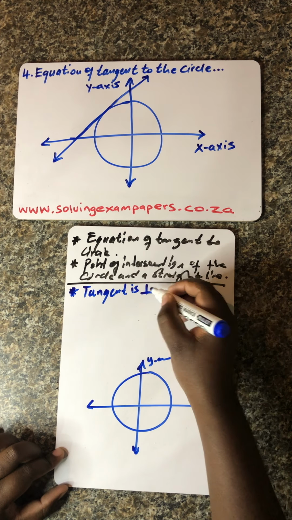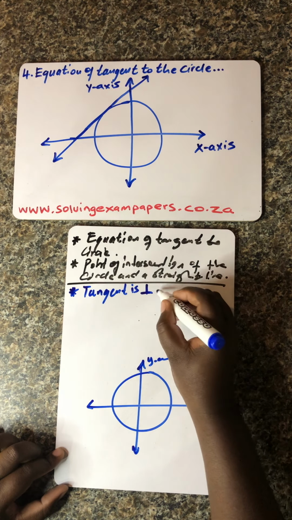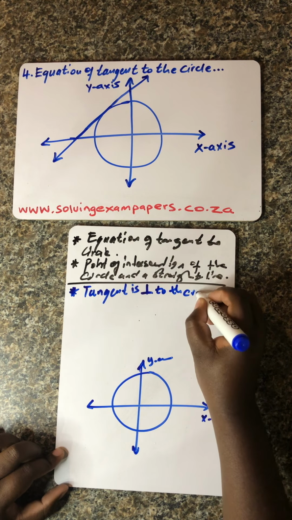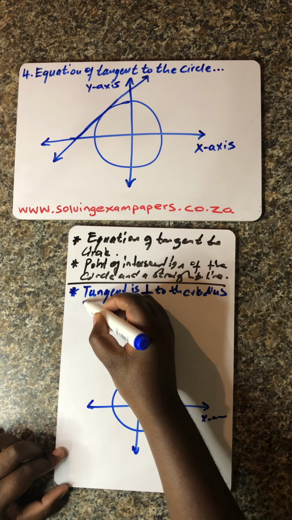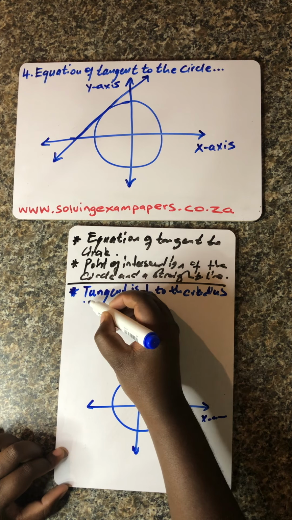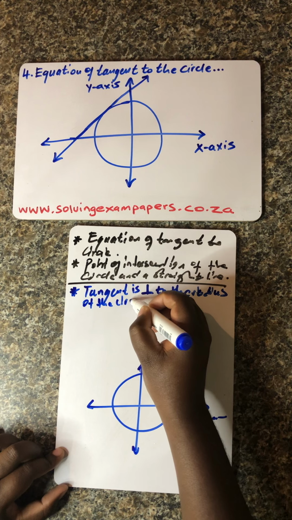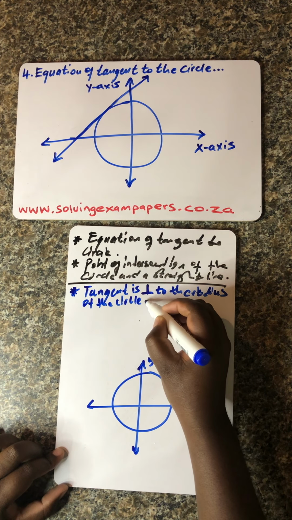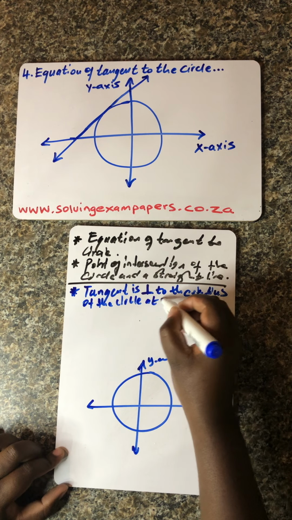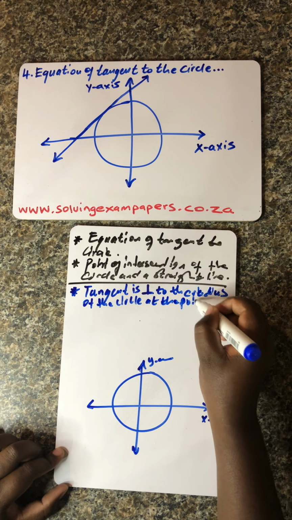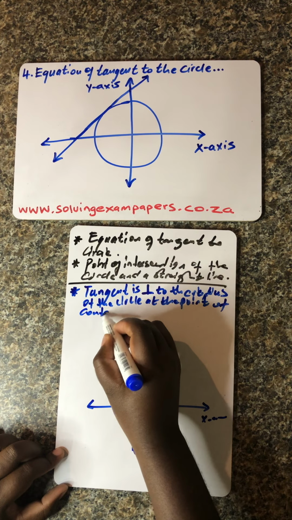Just write it in words, but this symbol refers to perpendicular to the radius of the circle at the point of contact.